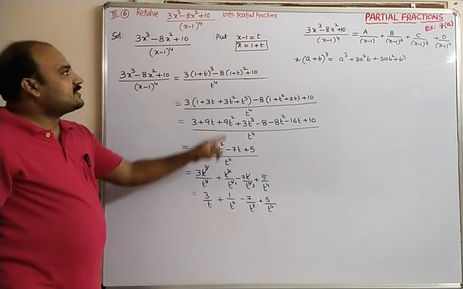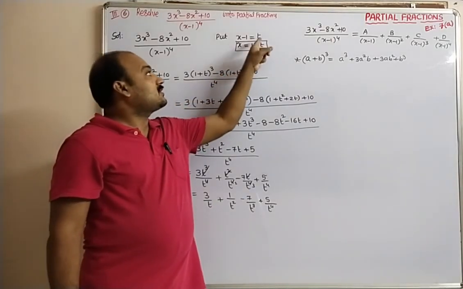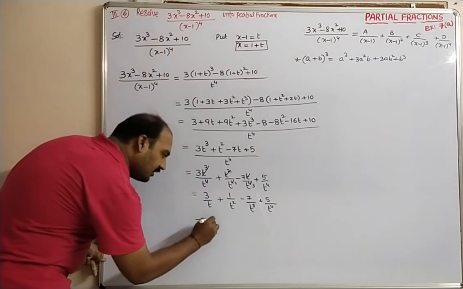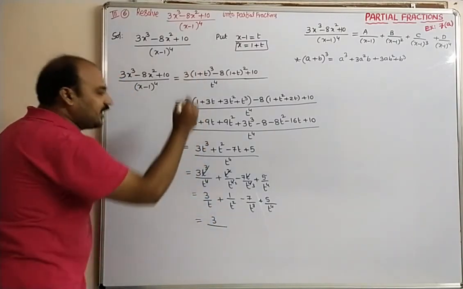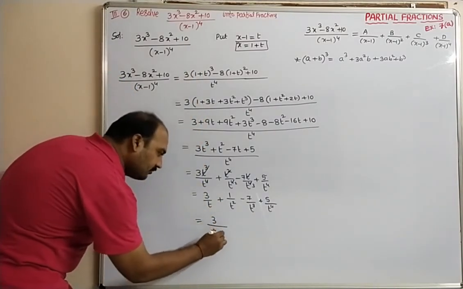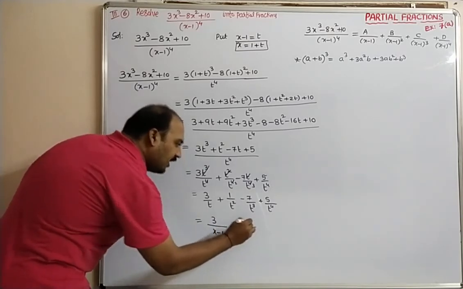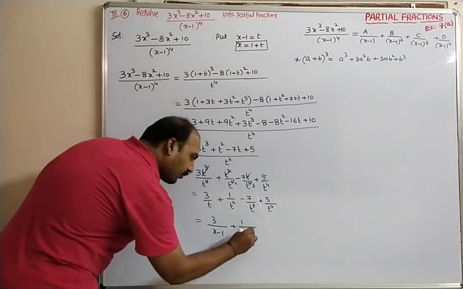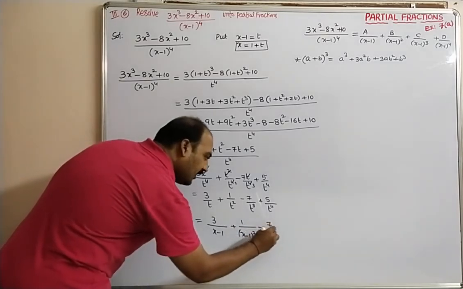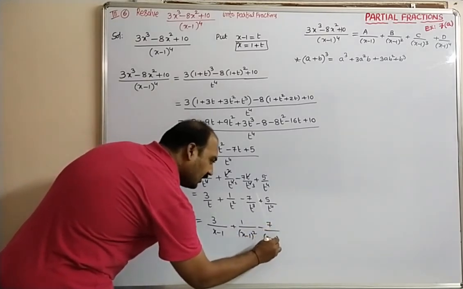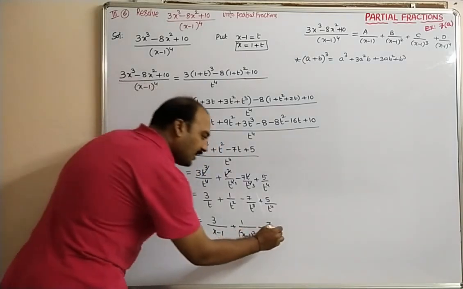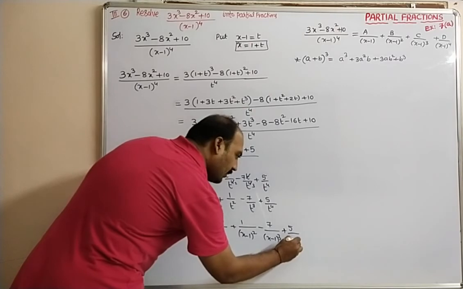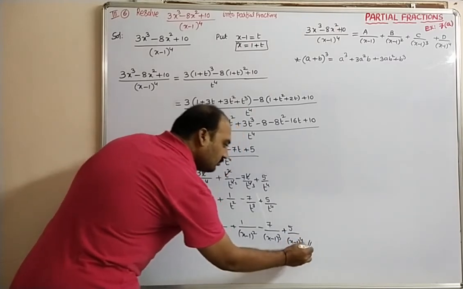Now wherever t is there, you have to replace it with x minus 1, which is equal to 3 divided by x minus 1 plus 1 divided by x minus 1 whole square minus 7 by x minus 1 whole cube plus 5 divided by x minus 1 whole power 4.